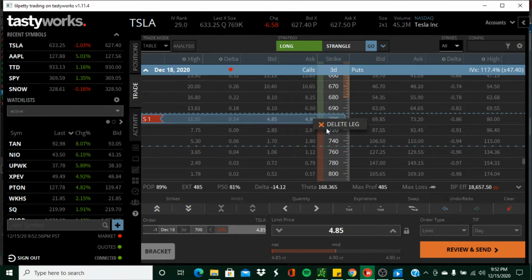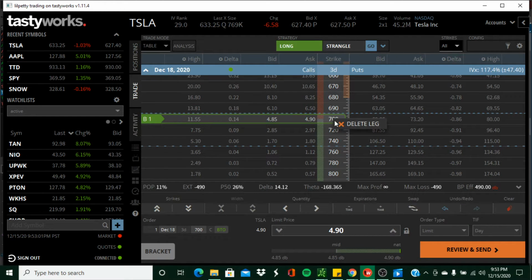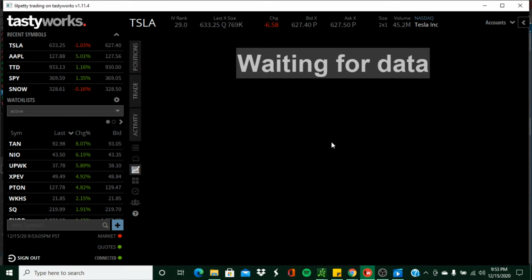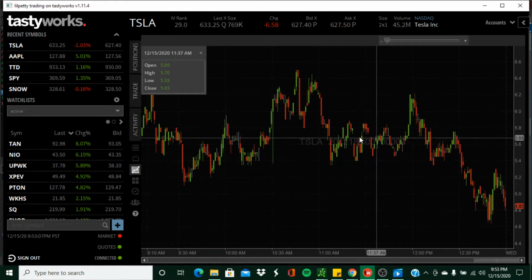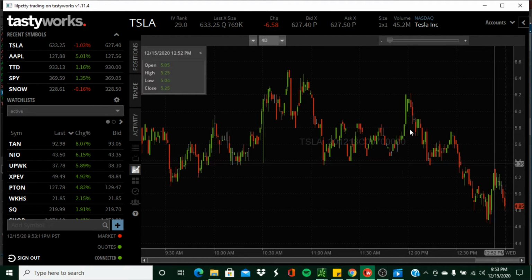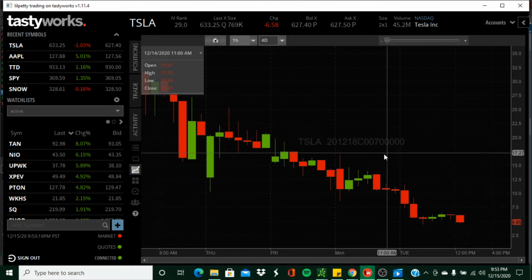And let's actually pull this up real quick. Let's look at this chart real quick. Let me pull this right here. All right. So this is the option. This is the price of the option. I need to get a better time frame. 1 hour. All right.